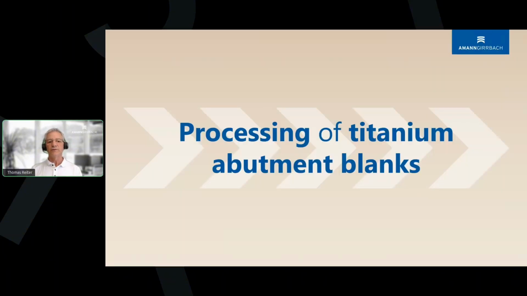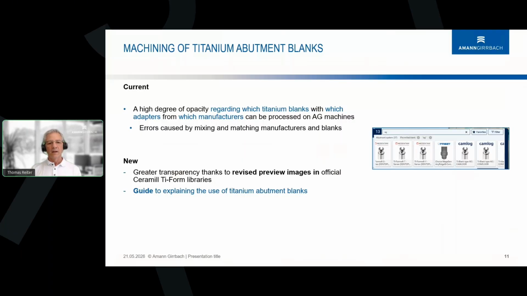Second new feature, processing of titanium abutment blanks. The current situation is also a little bit of a lack of transparency. Which TI blank, which adapter, which manufacturer I have to use to mill, of course, on our AG machines.